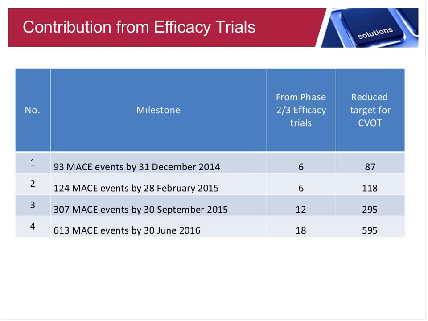By 31st of December or 28th of February, all that we get is 6 events from these trials. So it's a rather lean development program that we had, and we assumed a very small MACE rate for efficacy trials.